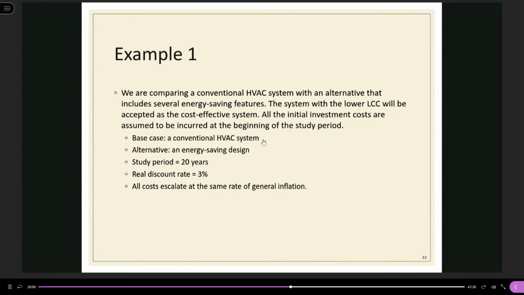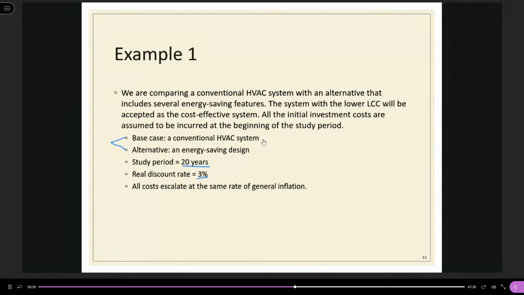So there are 2 systems that we are selecting. The base case is the conventional HVAC system, and the alternative is an energy-saving system, an energy-saving design, and the study period is 20 years. The real discount rate is 3%. So this 3% includes your earning power and also the inflation.